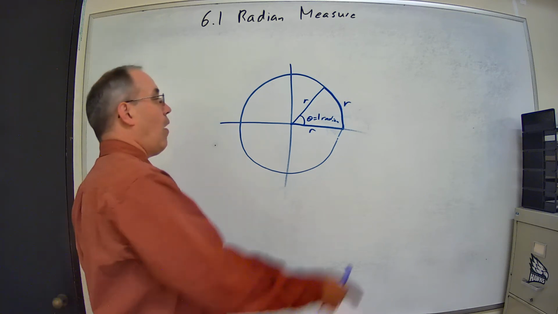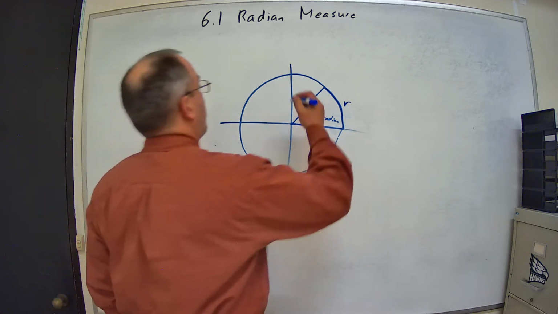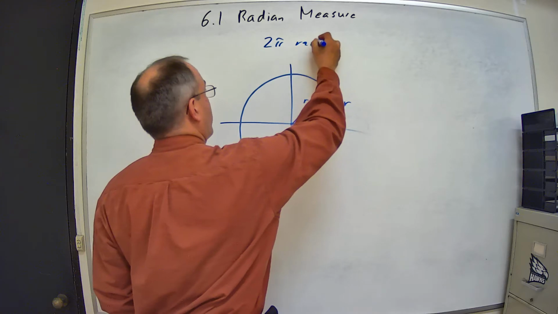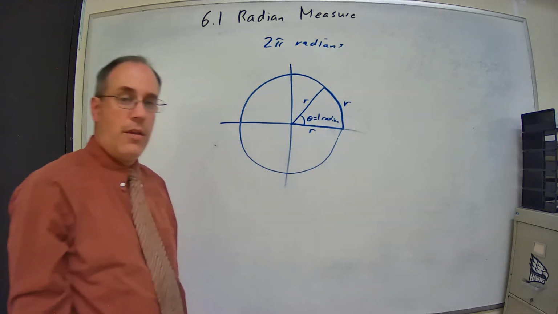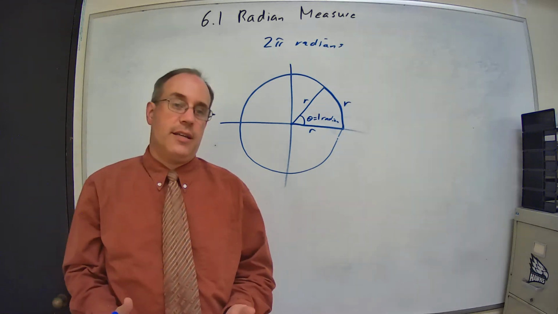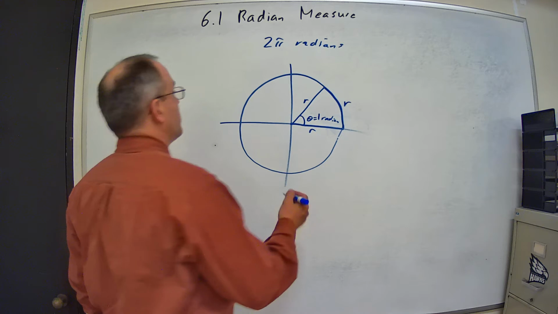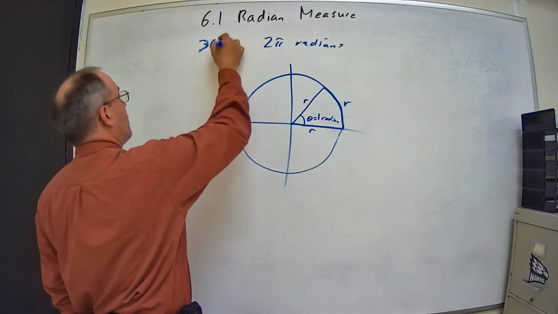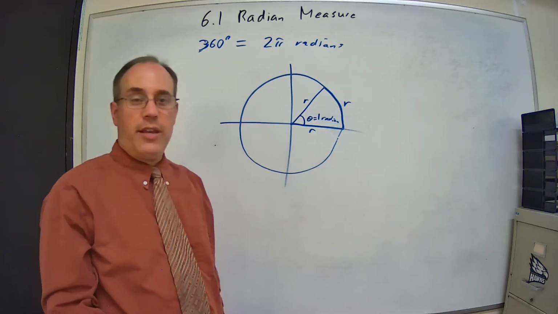And if we were to go all the way around the circle, we would find out that that is 2 pi radians. Now we know that a full circle is 360 degrees, so we can say that 360 degrees is equal to 2 pi radians.